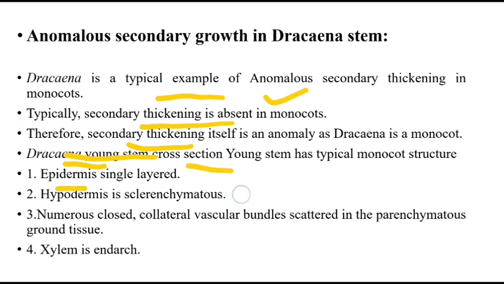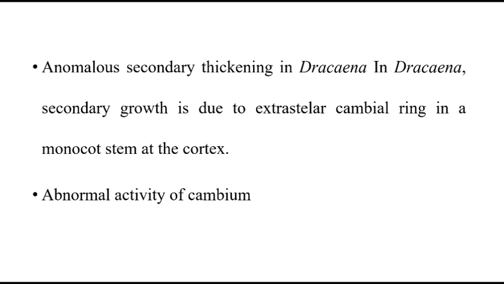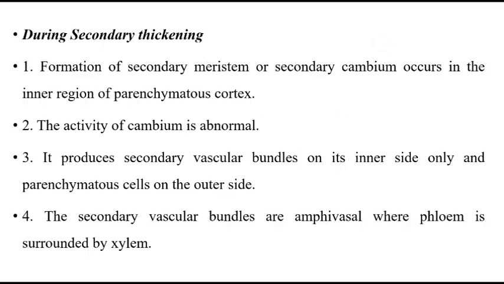Epidermis is single layered, hypodermis is sclerenchymatous, closed collateral vascular bundles are scattered throughout the ground tissue, xylem is endarch. Anomalous secondary thickening in Dracaena is due to an extrastellar cambium ring in the monocot stem at the cortex, and the cambium also shows abnormal activity here.